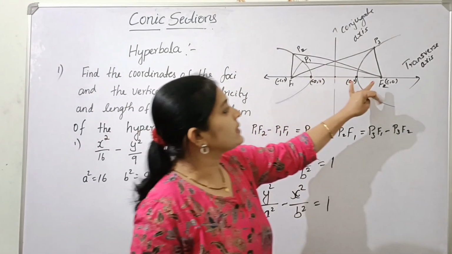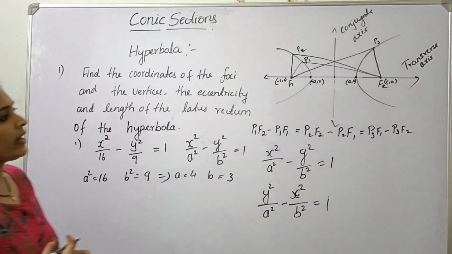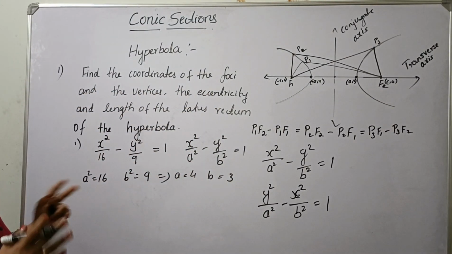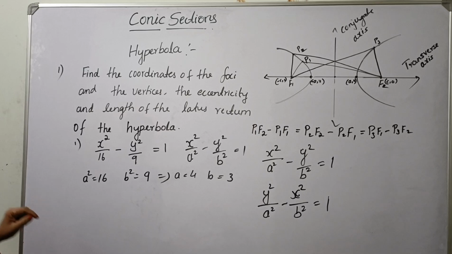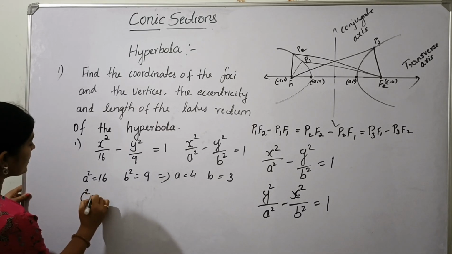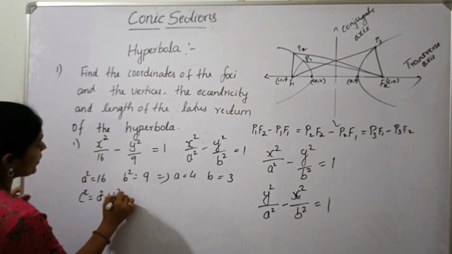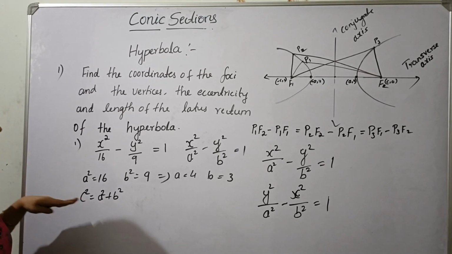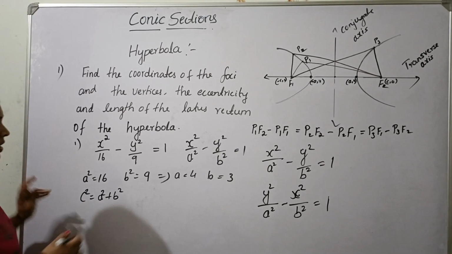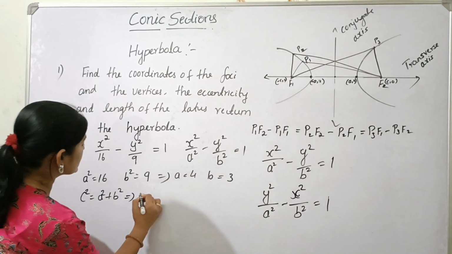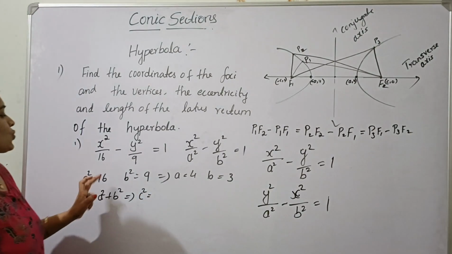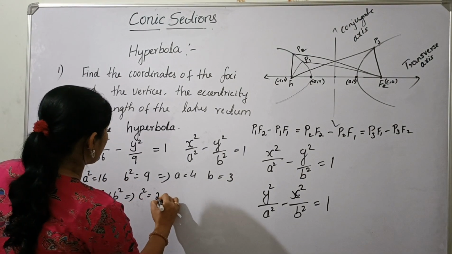To find the foci, (c, 0) and (minus c, 0), we have to find c. c square is equal to a square plus b square, that is the relationship between a, b, c. That implies c square is equal to a square plus b square, which is 25.